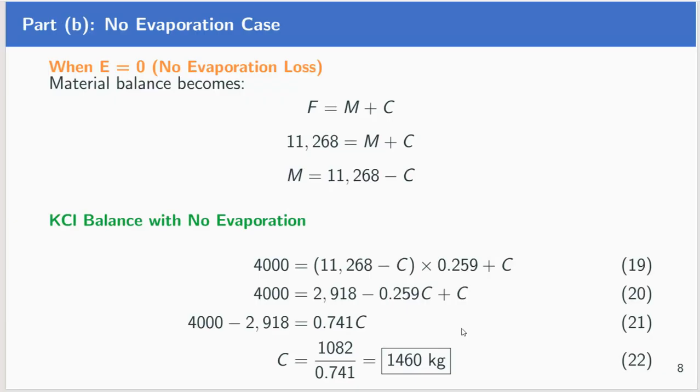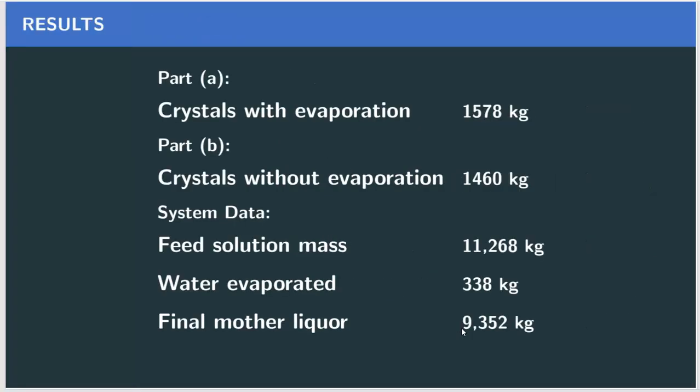So the final result: part A, crystal with evaporation, is 1578 kg. Part B, without evaporation, we get 1460 kg of crystal.